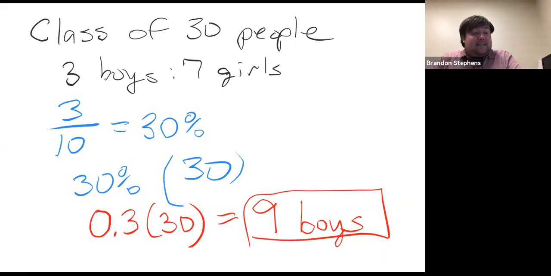This is going to get into some talk of equivalent ratios and equivalent proportions, which we're going to be taking a closer look at in the next video. But just looking at this percentage, it's very easy to multiply and get to that answer. Again, we'll look in the next video at a closer look as to why that idea works.